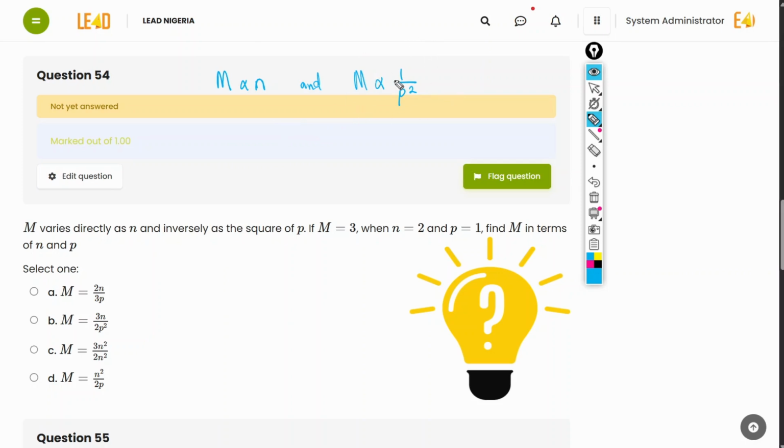So this is how you write it, 1 over P squared. So we can combine this to make a joint variation.